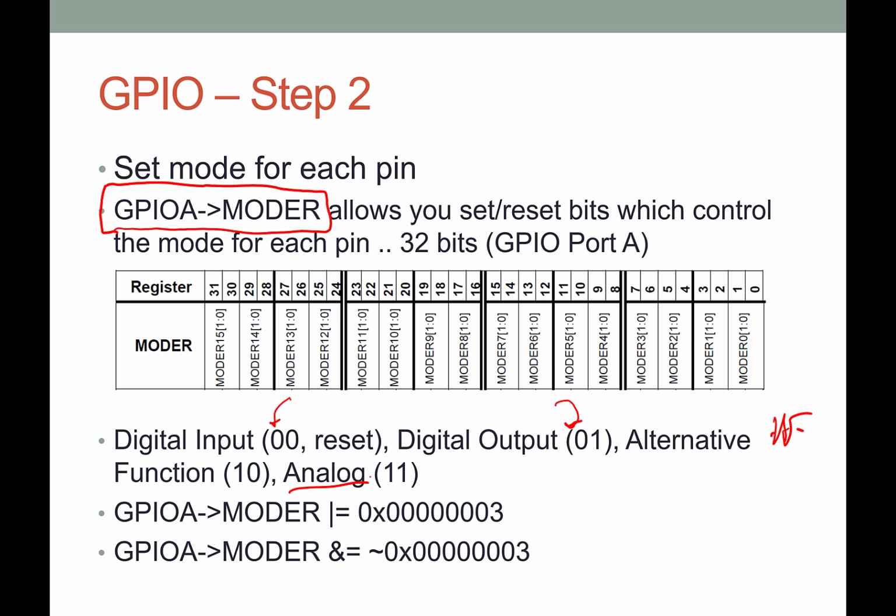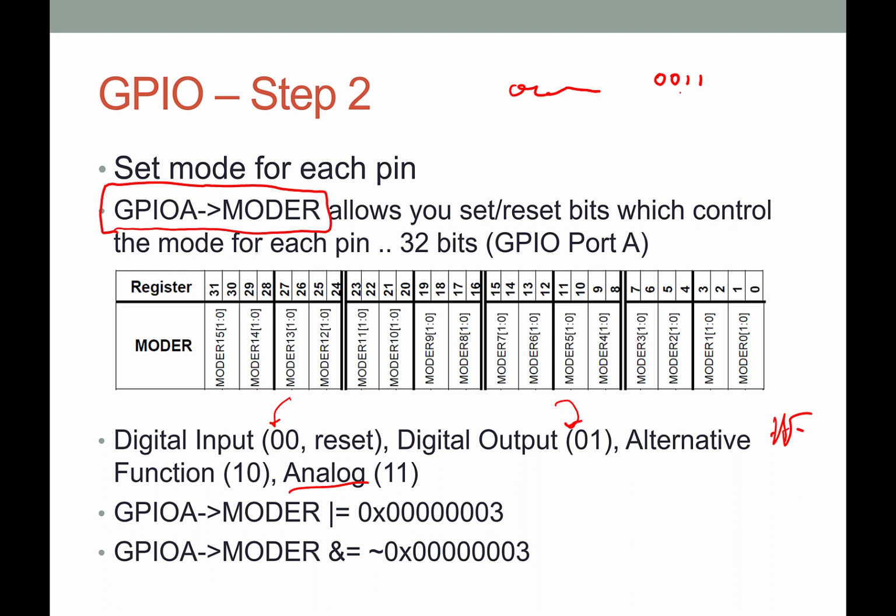Now, if we look at this one right here, it says GPIOA mode exclusive-or equal, and then we have this 3 here. Remember, 3 is basically 0, 0, 1, 1 in those last bits. So I'm exclusive-ORing a bunch of zeros and then 0, 0, 0, 0, 0, 1, 1.